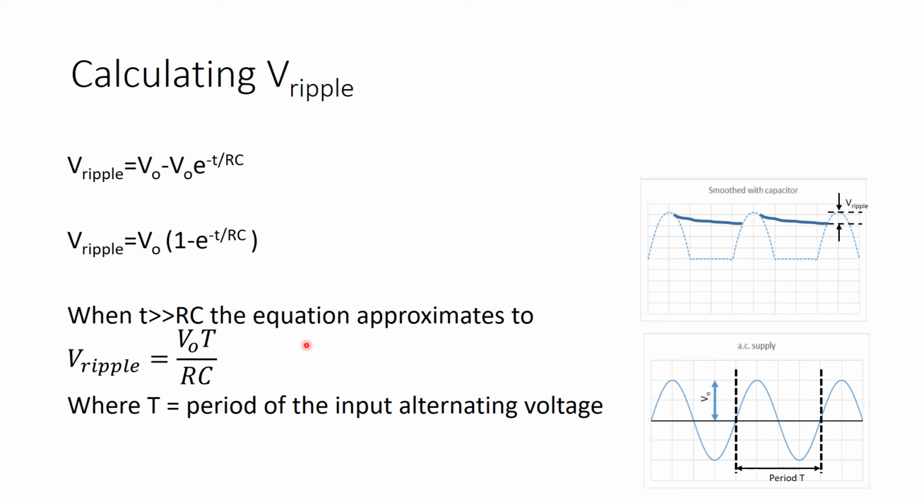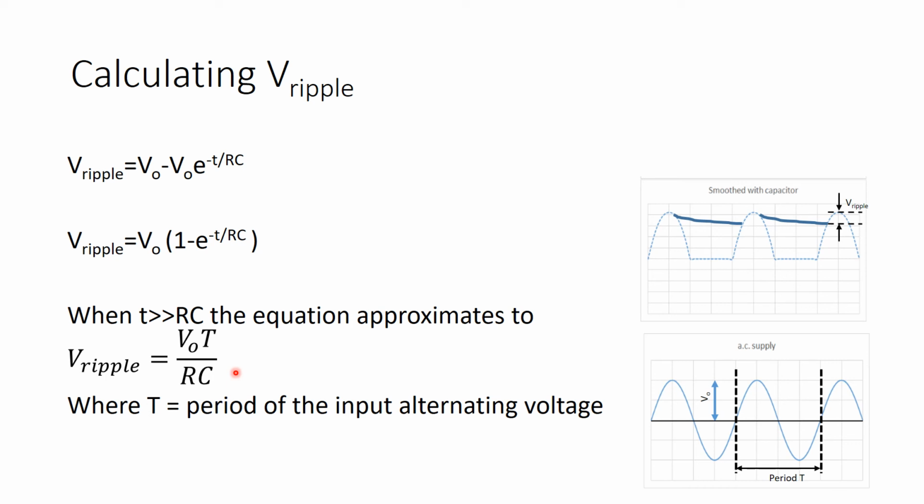But the thing to note is that you really want the time period of your system to be much less than your time constant. Sorry, I'm getting my words muddled up.